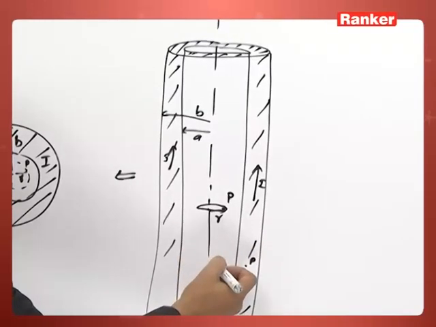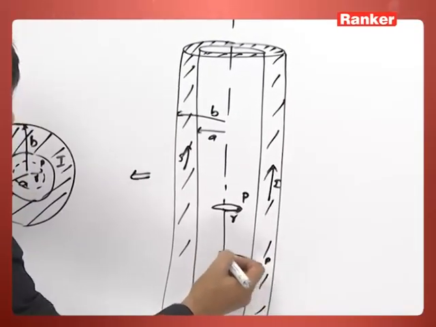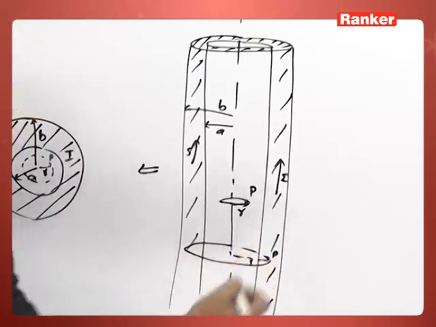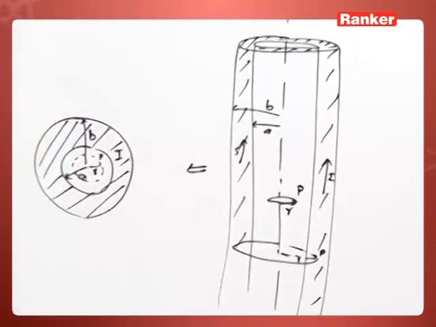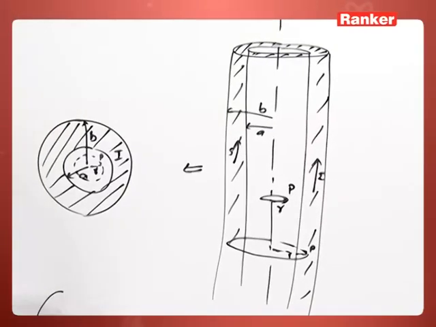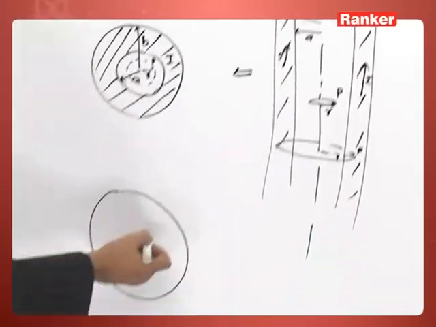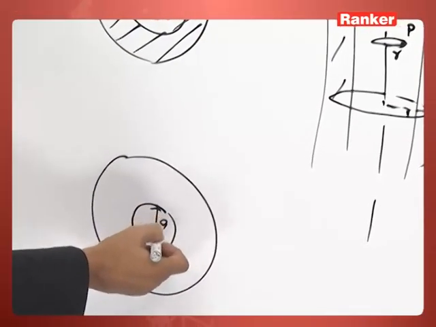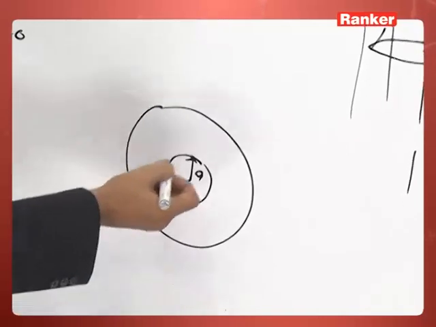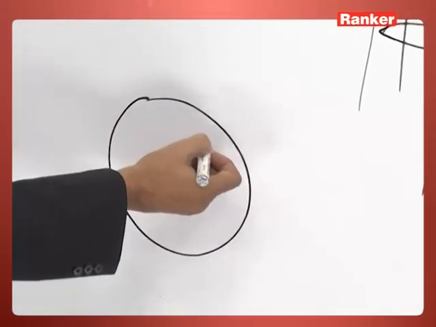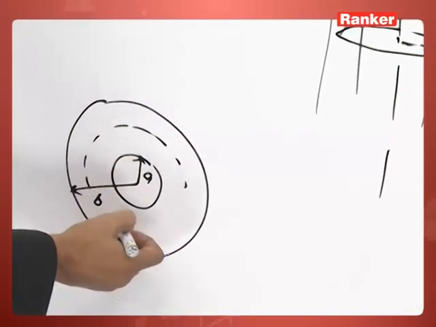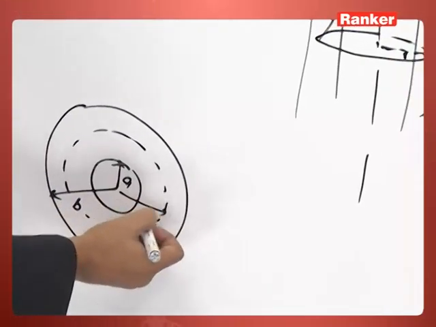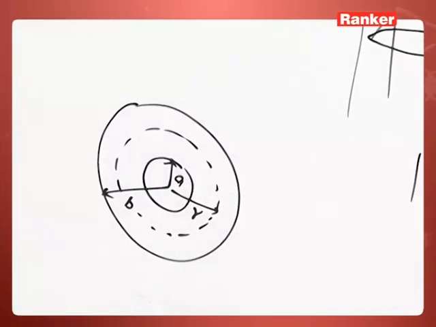This is the axis, and this will be our Amperian loop of radius R. In this plane, the diagram is like this: this is radius A, this is the outer surface of radius B, and our Amperian loop of radius R is like this.